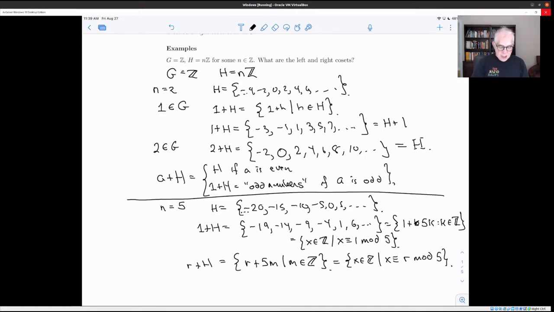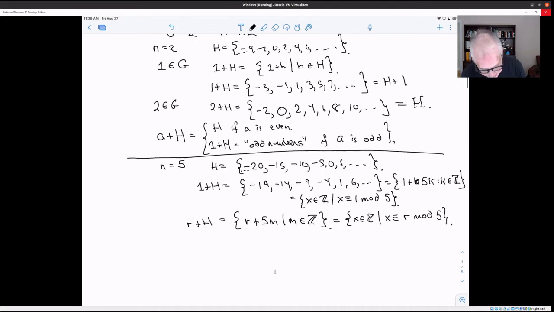And we know that these arithmetic progressions, r plus H, is the same as s plus H, if and only if r is congruent to s mod 5. Because the collection of x's which are congruent to r mod 5 and the collection of x's which are congruent to s mod 5 are identical if r and s are congruent mod 5.